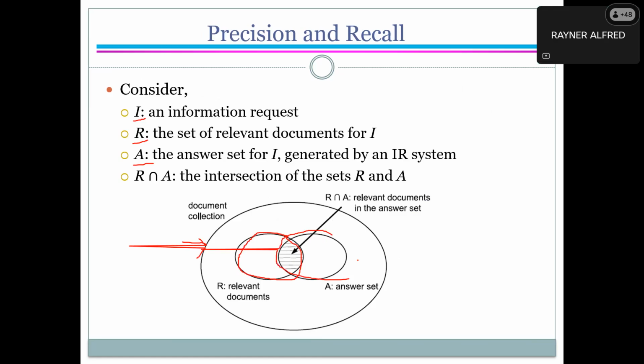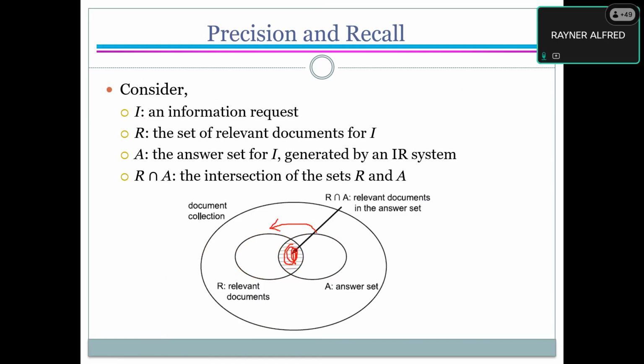This is the answer. So only a small portion overlaps with the relevant documents. So what we want to do is to have a larger area of overlap. Okay, so we want to maximize this area. How do we move this A to cover more of the relevant documents?